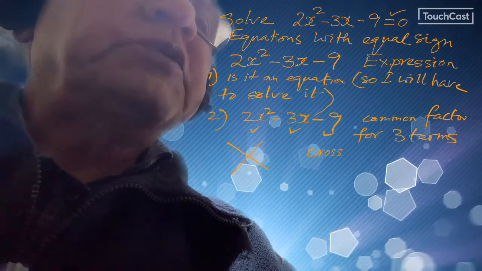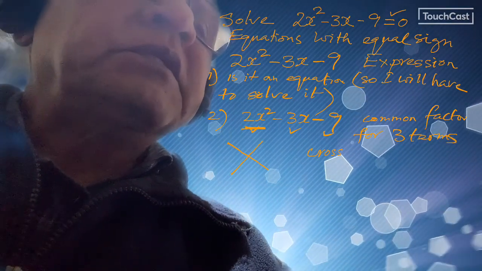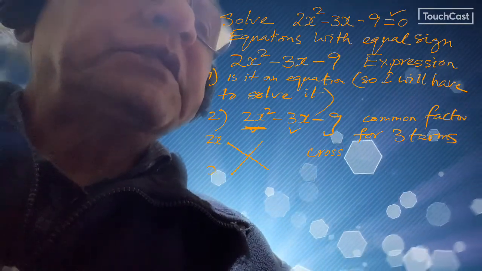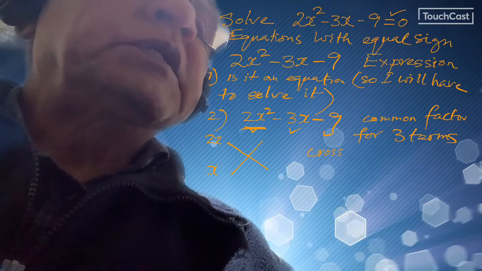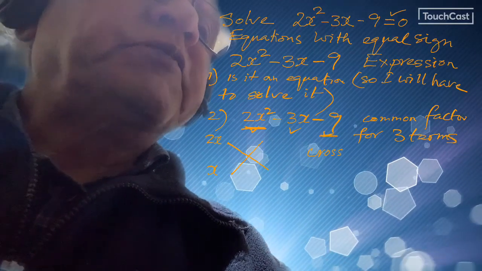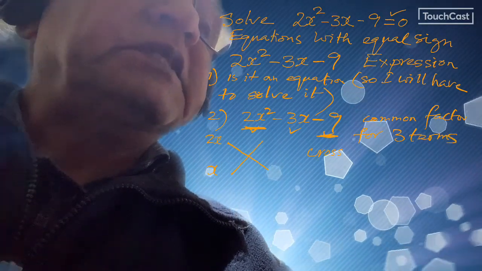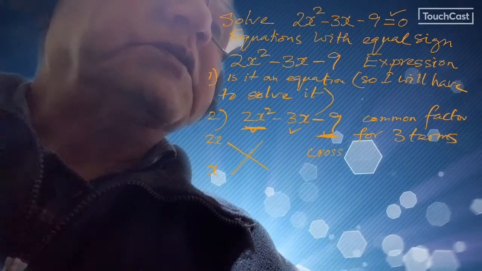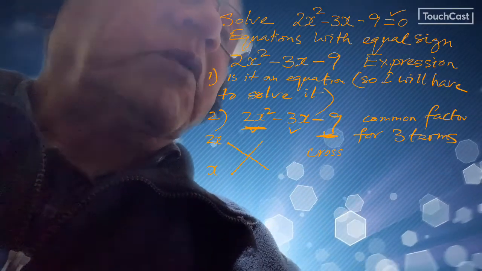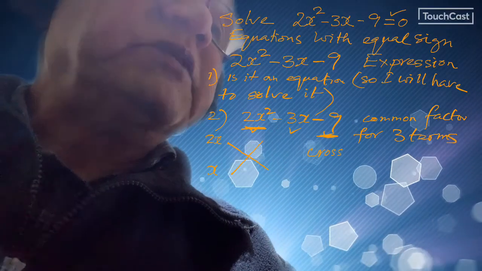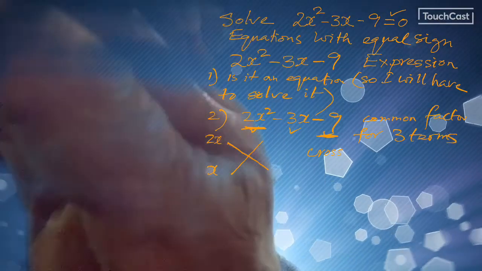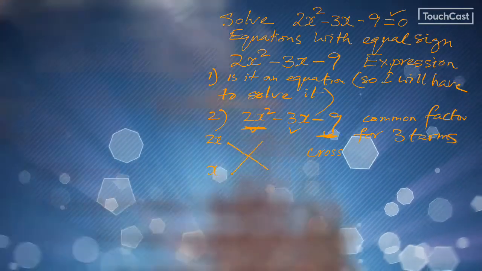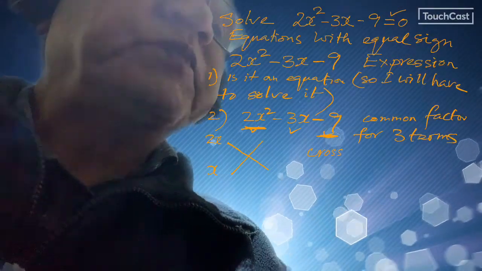Now to make 2x squared, that term, I can go 2x times x, and if I investigate that part, negative 9. Remember, this is negative 9. This is not 9. On the number line, you've got to imagine where it's placed. Is it on the right-hand side of 0 or left-hand side of 0? We discussed all those things.